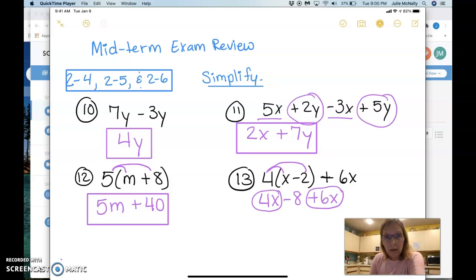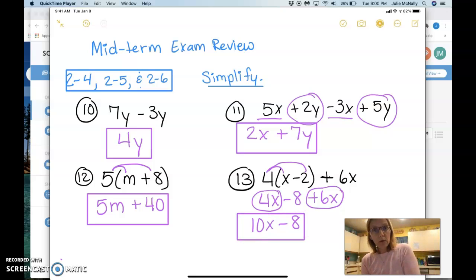So 4x plus 6x is going to be 10x. And then just bring down the -8 and stop there, because you cannot combine a variable with just a number. So you're going to leave those two separate because they are separate. And that's the end. So copy those down and I'll be right back for some more.